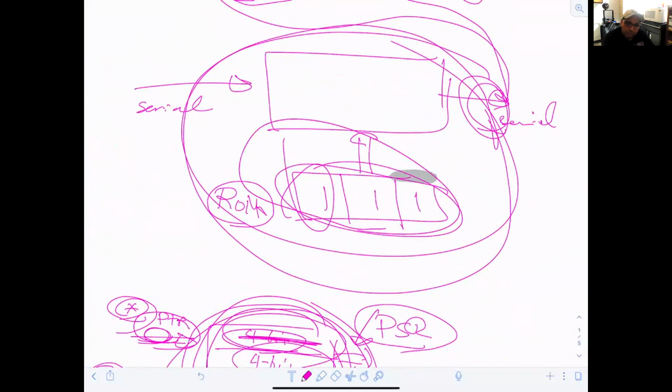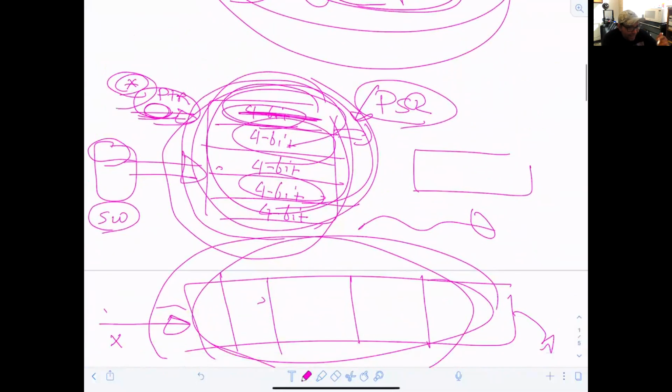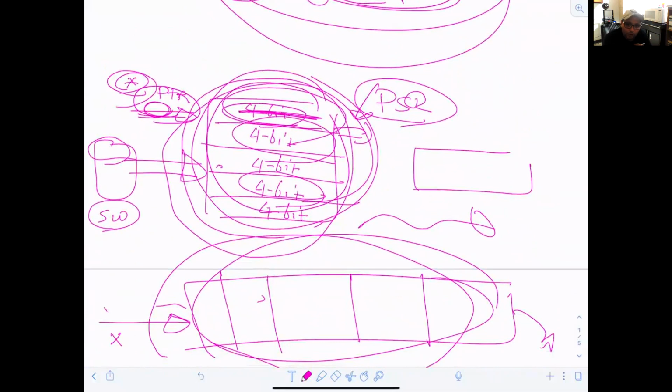Do you agree? Then at bit number 4, I will increment the pointer to jump here. Then I will start another bit, increment one more, another bit, increment one more, another bit, and then that would be done. That makes sense? That's one way.